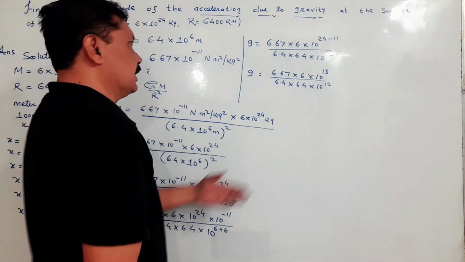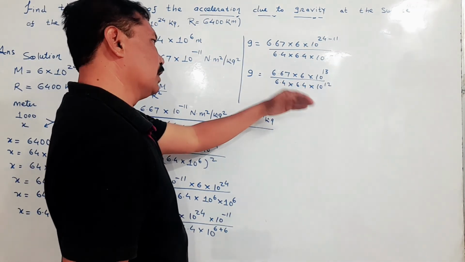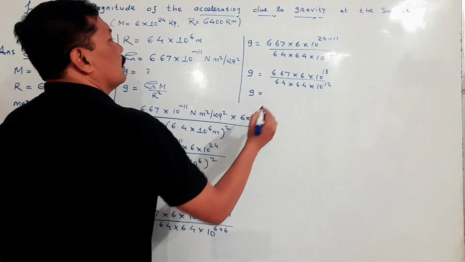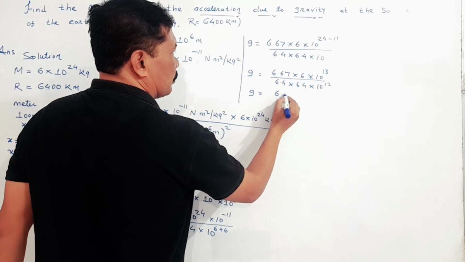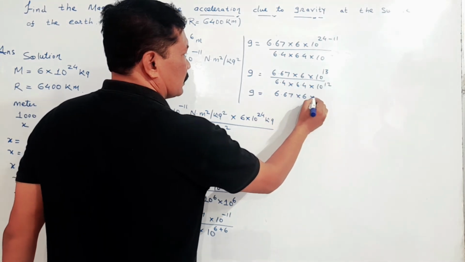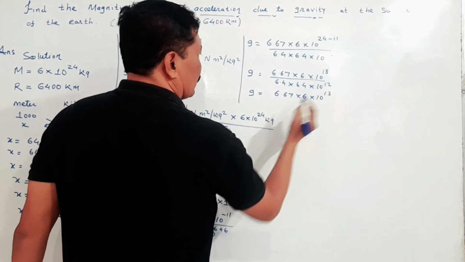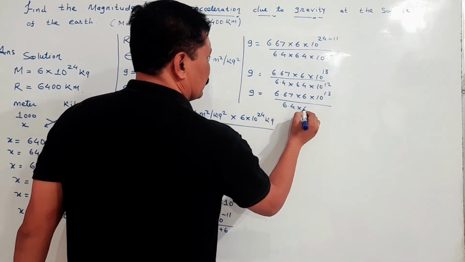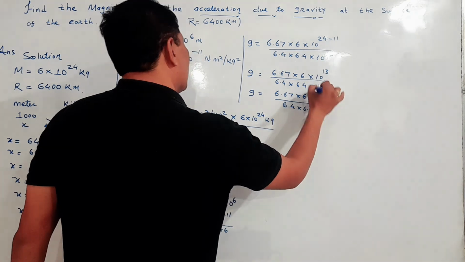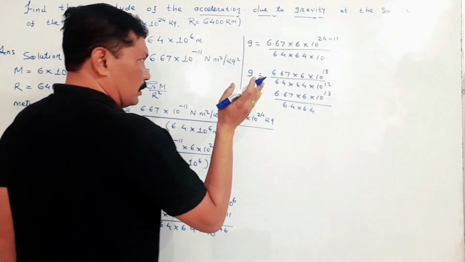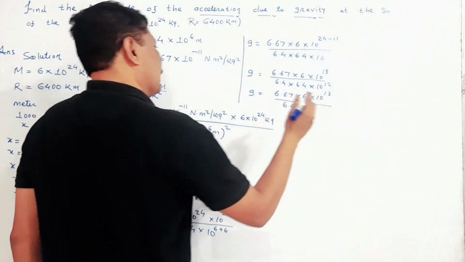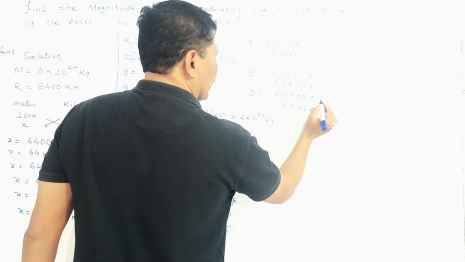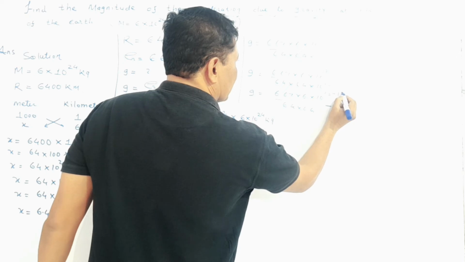Now my dear student, here 10 to the power 12 is in denominator, we can take it in numerator, and the same we can do in this way. 6.67 into 6 into 10 to the power 13 divided by 6.4 into 6.4. 10 to the power 12 is in denominator, we can take it in numerator, and therefore we can write 6.67 into 6 into 10 to the power 13 minus 12.